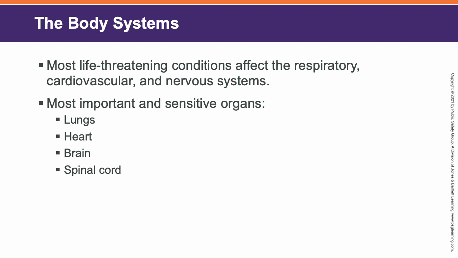Also, your nervous system regulates a lot of the automatic systems within your body. So those three become very important, organs that are essential for life, and when injured can really pose a big problem. So as first aid providers, we want to take special care of the lungs, the heart, the brain, and the spinal cord.